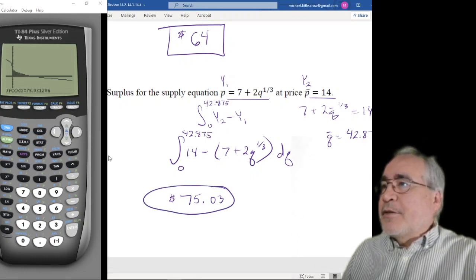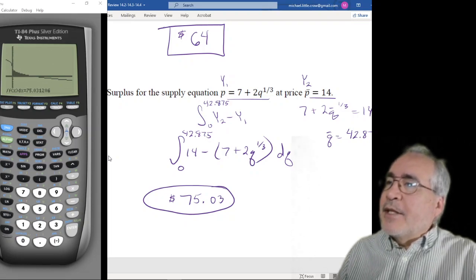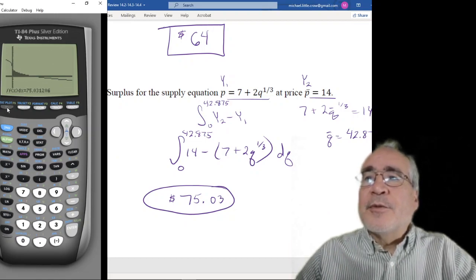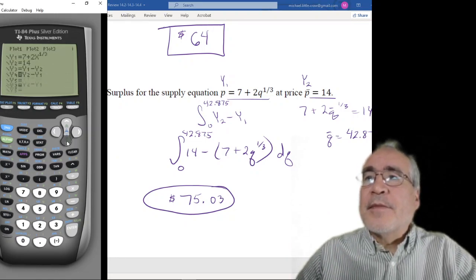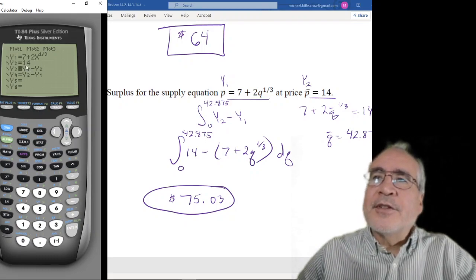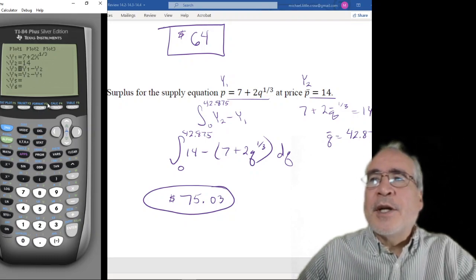But that's our producer surplus. Okay, so again, this is just area between two curves, and there we go. Oh, I said I was going to show you, what if I did it backwards? I just wanted to show you that it's pretty foolproof here. The surplus is always going to be a positive value, so if for some reason I inadvertently chose the wrong one, and I go to the graph, look at this.